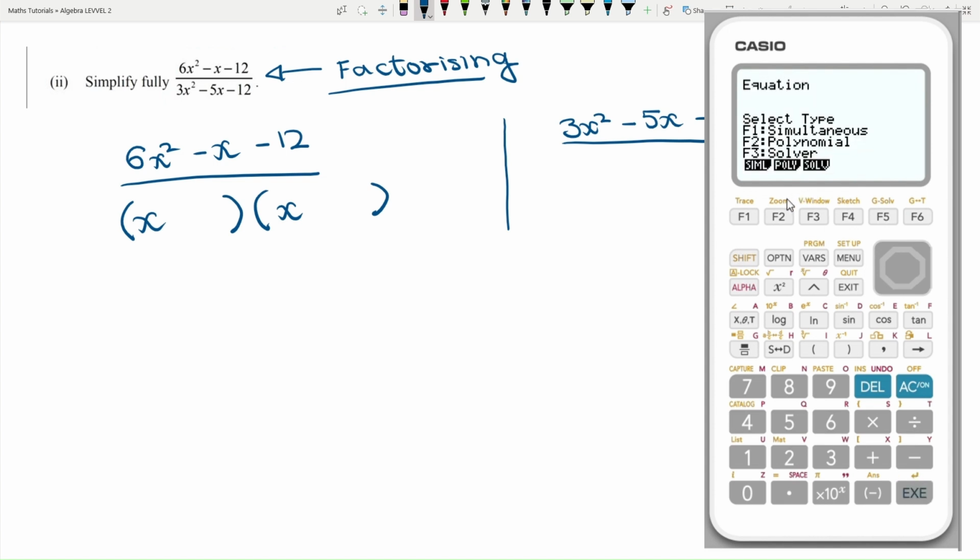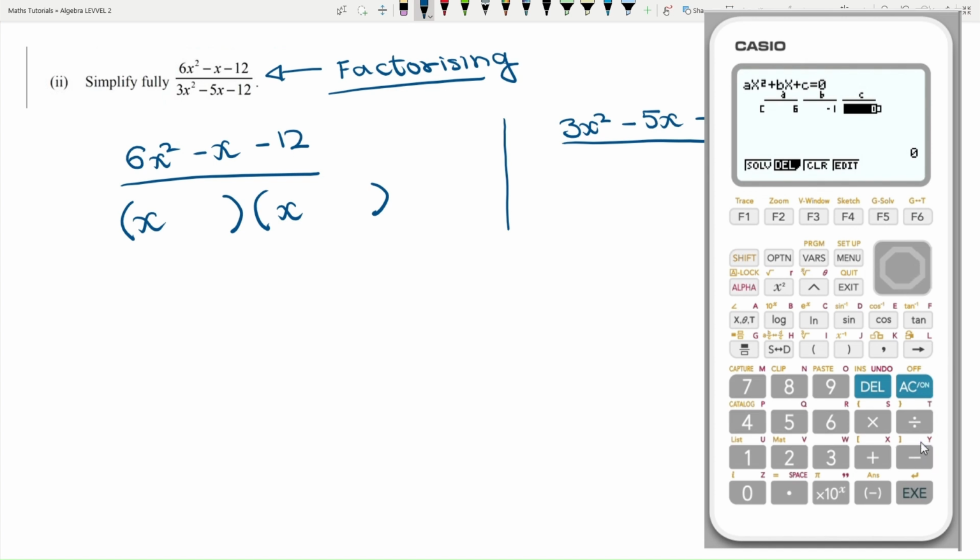Oh yeah, okay, so I think there was some lag. Polynomial, you press F1 for 2 degree. And the A value was 6, that's the x squared. The B value shows right there, it was negative 1, so negative x is just negative 1.